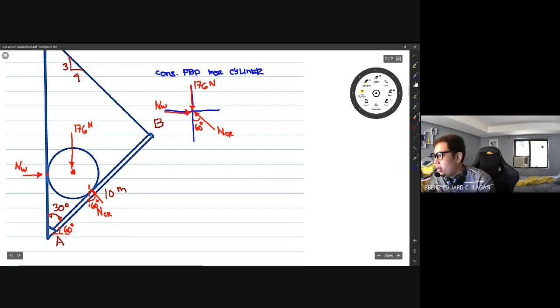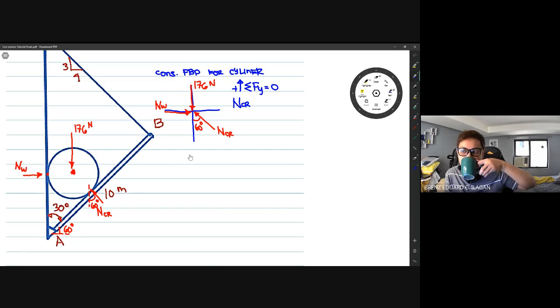Ayan, so by applying equilibrium equation lang ulit, so ano ba yung kailangan nating unahin dito? So summation of forces y muna. So when you take summation of forces of y, assuming upward direction of positive because of NCR, paano makuha yung y component niya? Ayan, angle na yung given. So ano ba yan? Sine or cosine? Cosine.